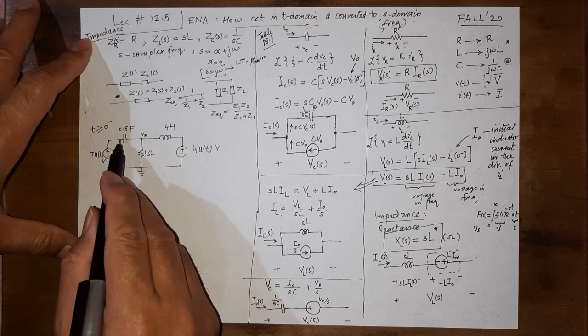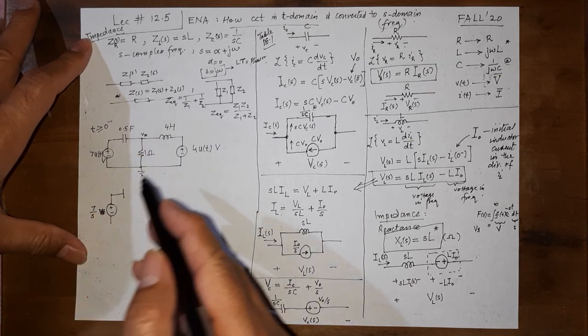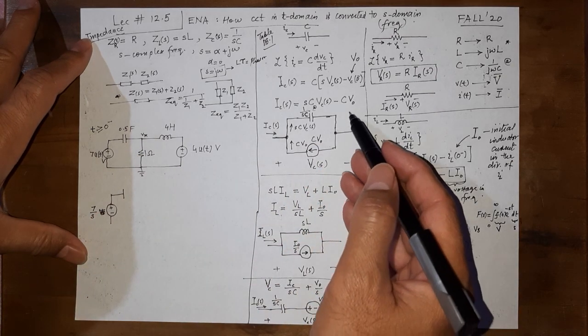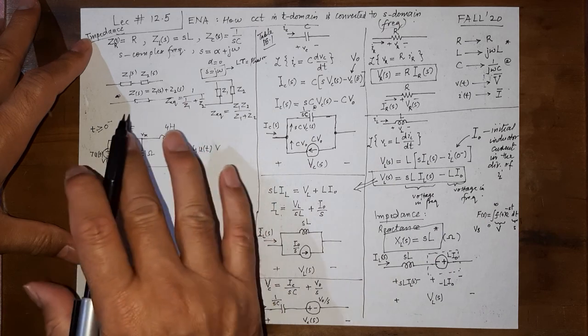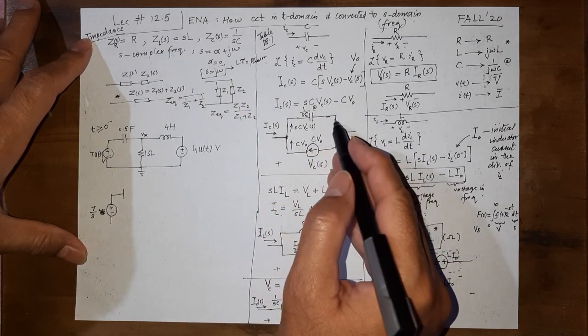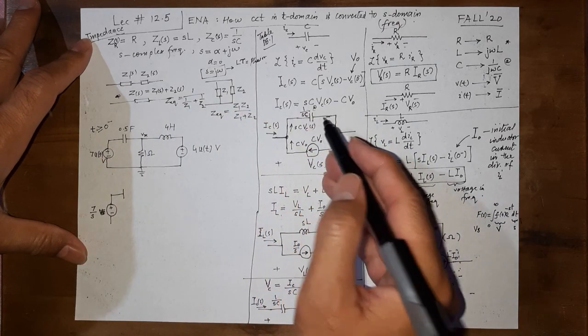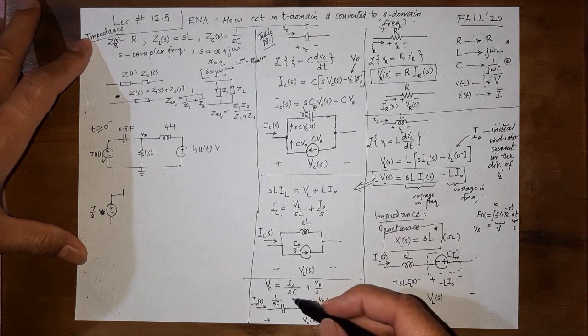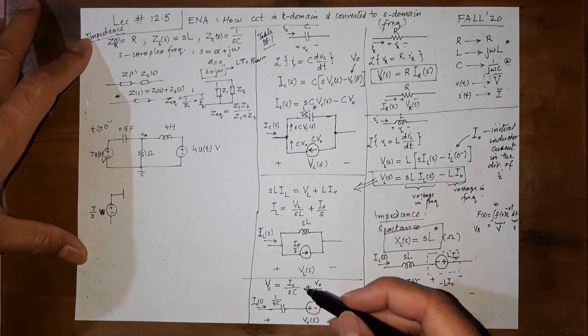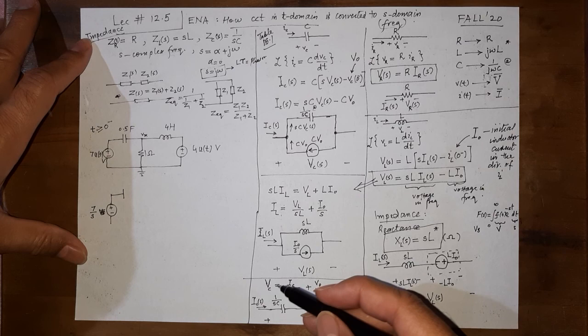So here we encounter a capacitor. From the table, it is completely our choice. No rule, no nothing. We can choose this one or this one, whichever is going to help us solve the circuit.